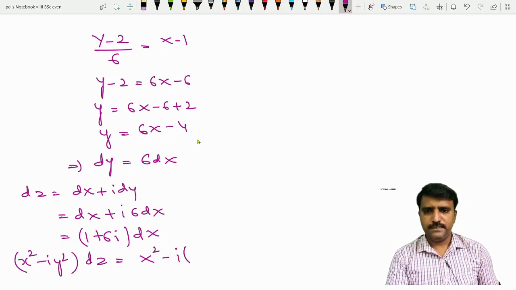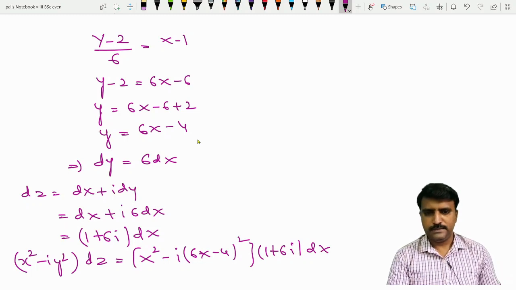What is y here? y is 6x minus 4 whole square, and dz is 1 plus 6i into dx.